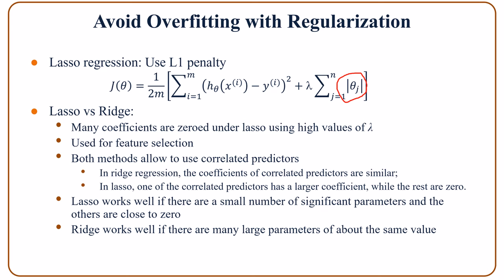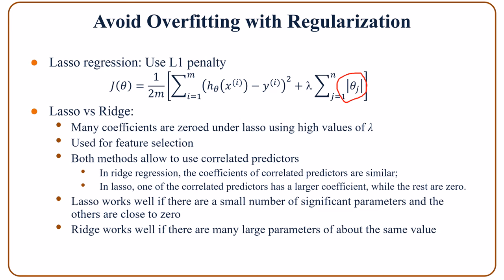Correlated predictors are allowed in both methods. In ridge regression, coefficients of correlated predictors are similar. But in lasso regression, one of the correlated predictors has a larger coefficient and the rest are zero. And that is a good thing for using lasso regression for feature selection.